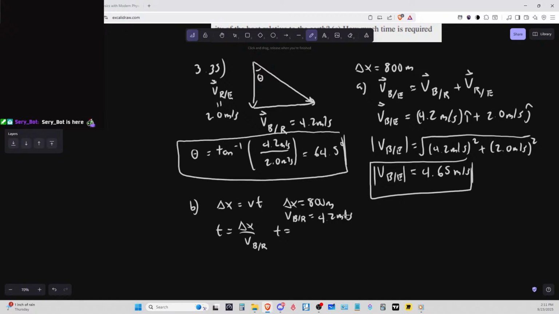And if we do the 800 meters divided by 4.2, then we're left with 190.5 seconds. So if you actually divide that by 60, because it's seconds, that's literally about 3 minutes. So roughly 3 minutes.